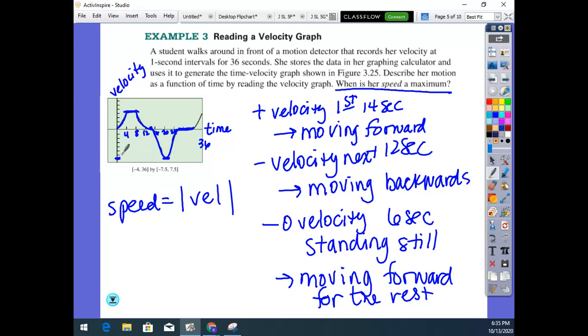But which one of these is more? I guess that's a little down more. Notice here at 20, if I do the absolute value, my speed is a max at x equals 20, because the absolute value of this number will be more than the absolute value of this number.